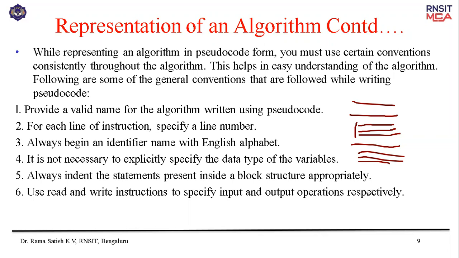And use read and write instructions to specify the input and output operation respectively. So whenever you're reading data, that is inputting data, you use the term read. Whenever you're writing data or printing the output, you write write.